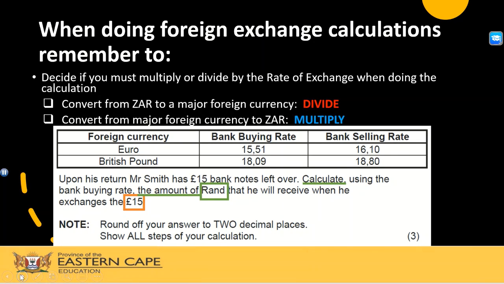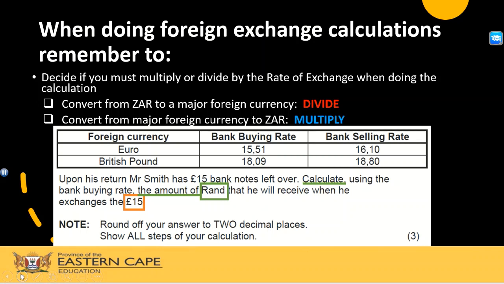The next step in our calculation is to decide if we must multiply or divide by the rate of exchange when doing the calculation. Just a reminder, converting from South African Rand to a major foreign currency requires you to divide, and converting from a major foreign currency to South African Rand requires you to multiply.